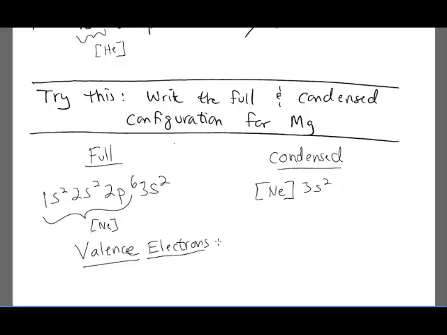So valence electrons are some of the electrons in your configuration, and for the main group elements, which are the only ones we're going to talk about, the valence electrons are all those after the noble gas configuration.